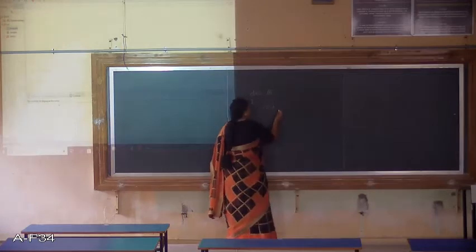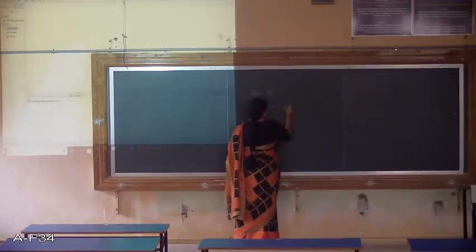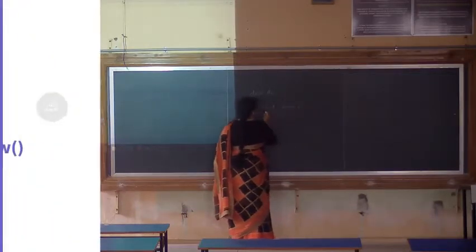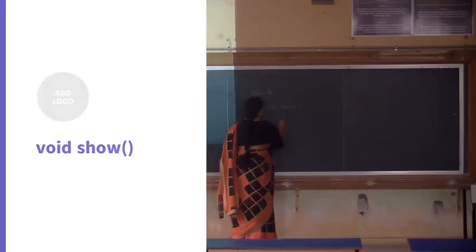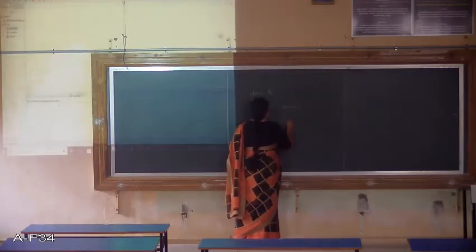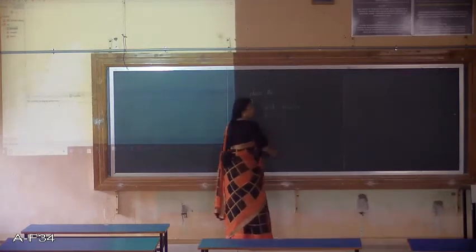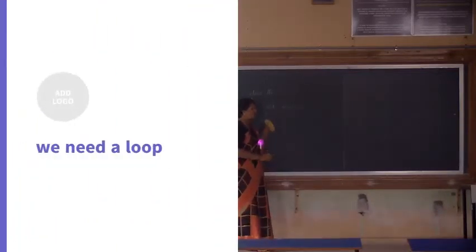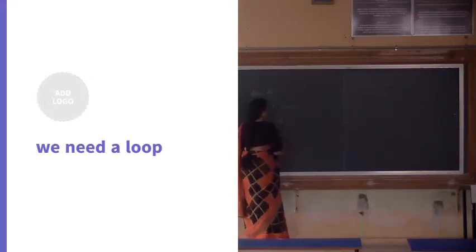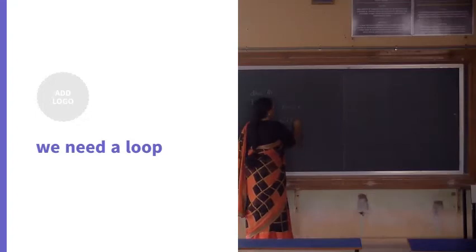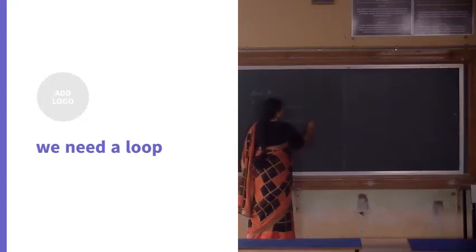Let's take a method called show method, and here it's going to print hi 5 times. So to print hi 5 times, I will take a loop over here. You can take any loop. I will take for loop int I equals to 1.